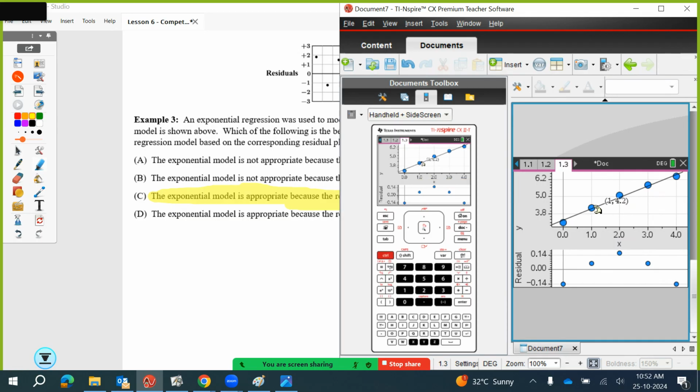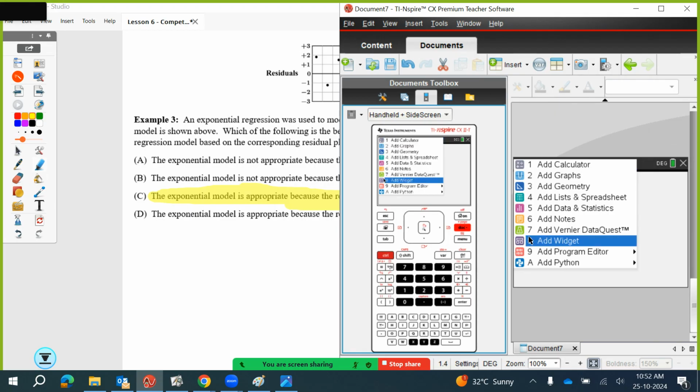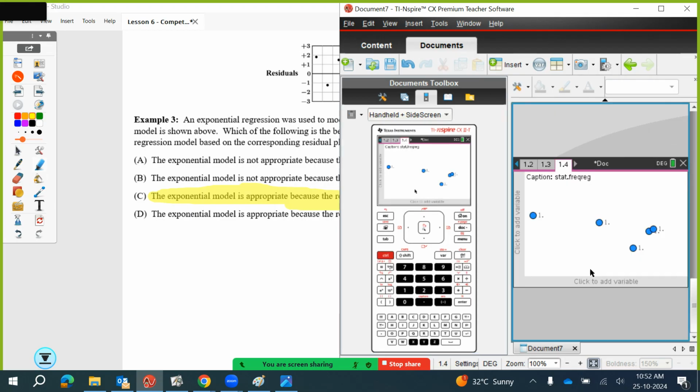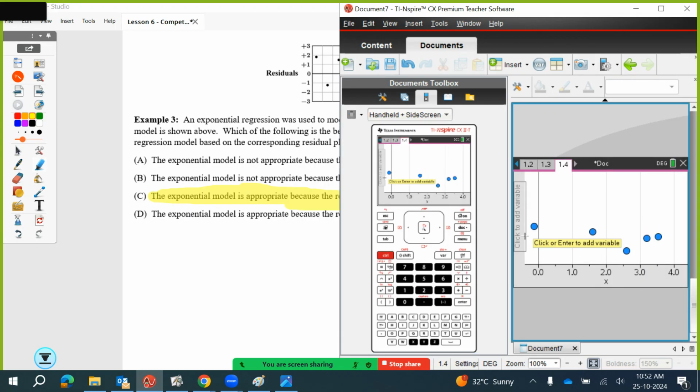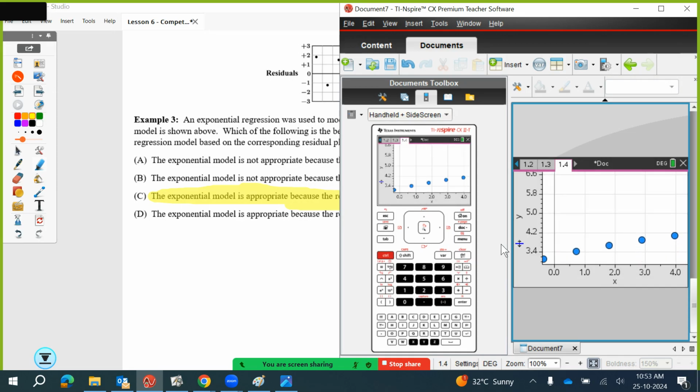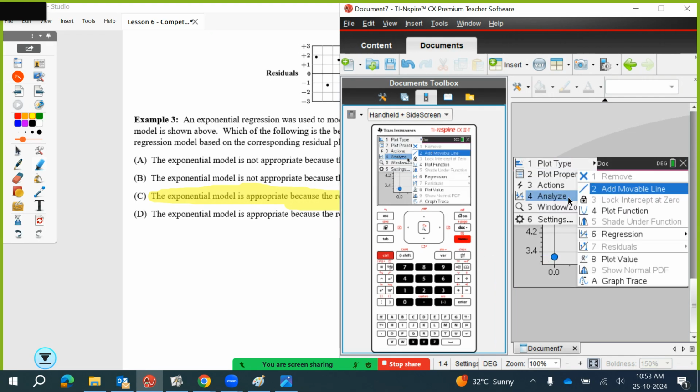It was below, above, above, above, and below. But also look at the length of the residuals. We're looking at the distance from this 0 line. I wonder if I can just go straight to the residual plot. I don't think I can. No, I can't.